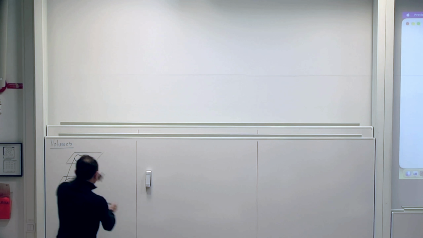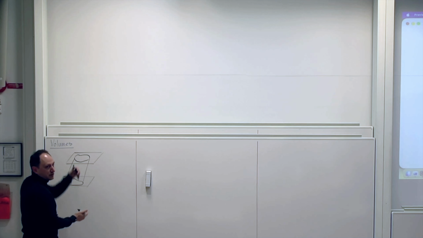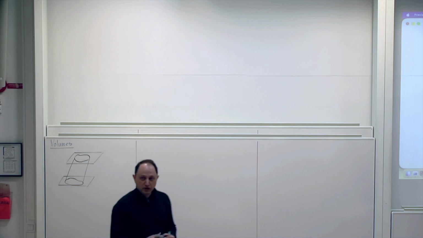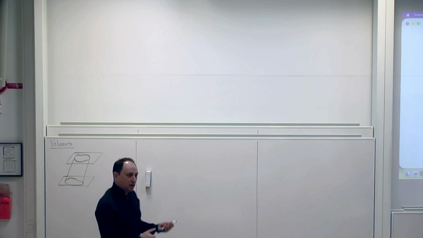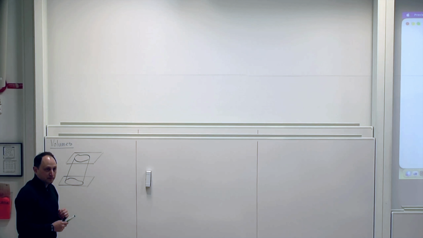Or if this is higher than the side of the square, it will be a rectangular cube. So by this definition, a rectangular cube is also a particular case of the general cylinder.